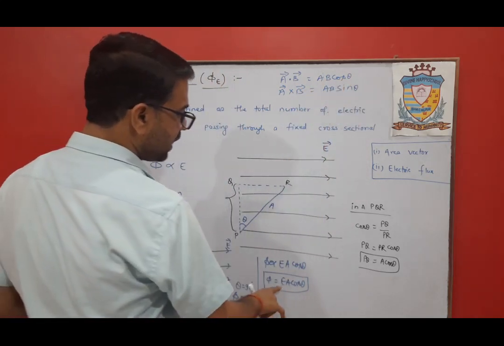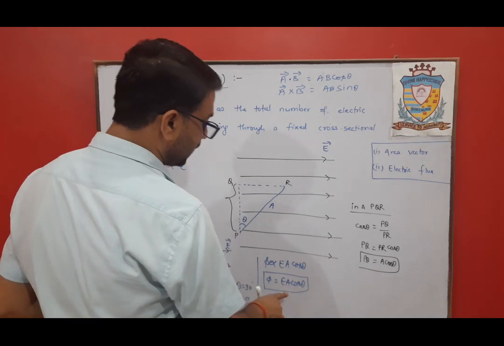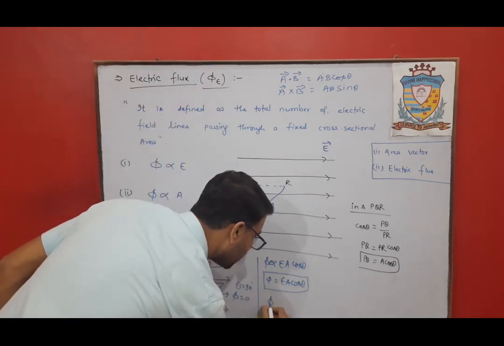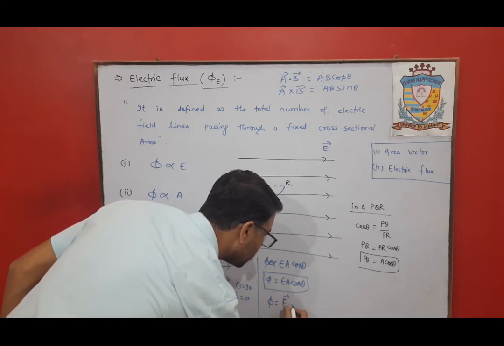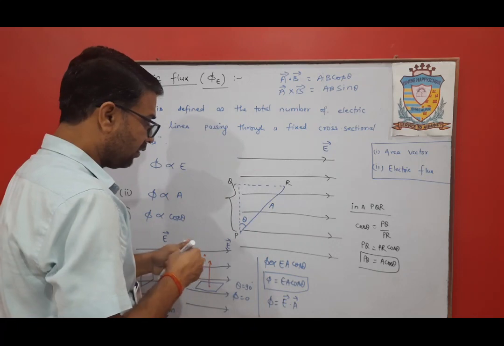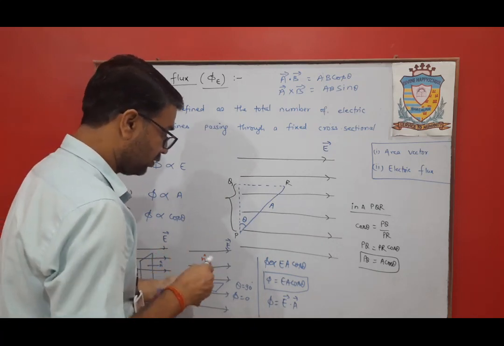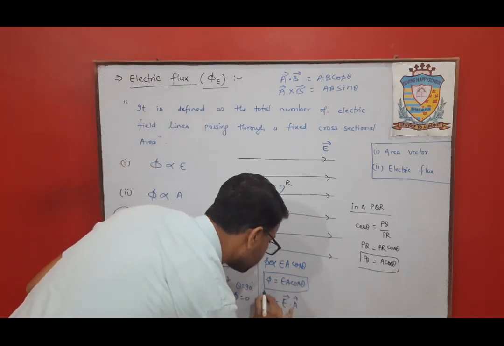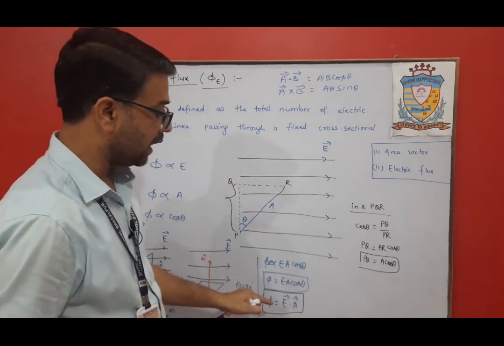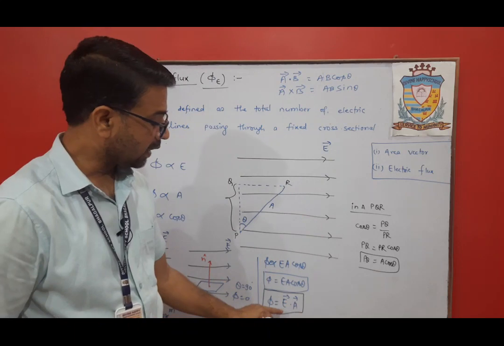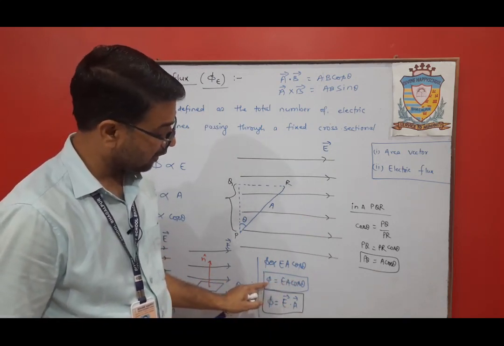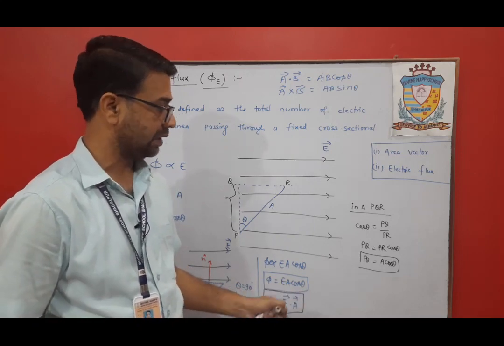Here the resultant is EA cos theta, and E and A are both vector quantities. So phi can be written as E dot A. This is the final value of flux: phi equals E dot A, the dot product of electric field intensity and area vector, or EA cos theta.